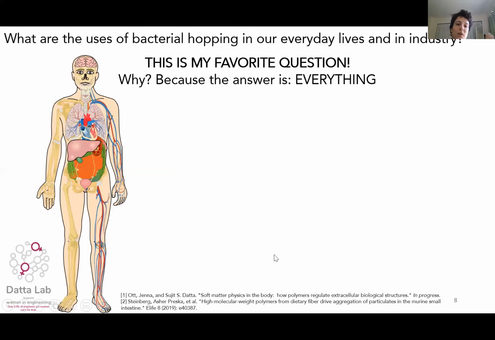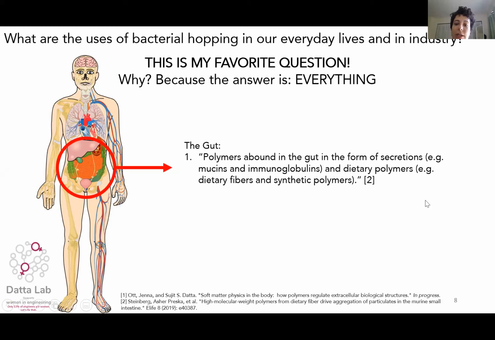And the lungs aren't the only part of the body where hopping and trapping is important. Additionally, we have the gut, where polymers are in the gut, both as normal biopolymers as well as dietary fibers. So you have a healthy gut biome, like the good bacteria that you want in your gut that are swimming around, hopping and trapping in these polymers.